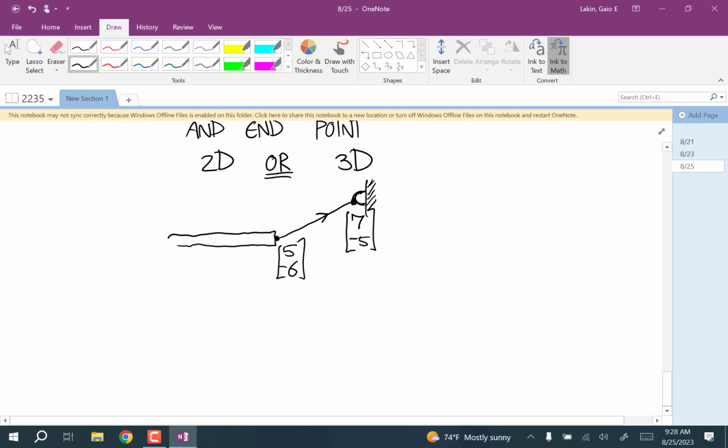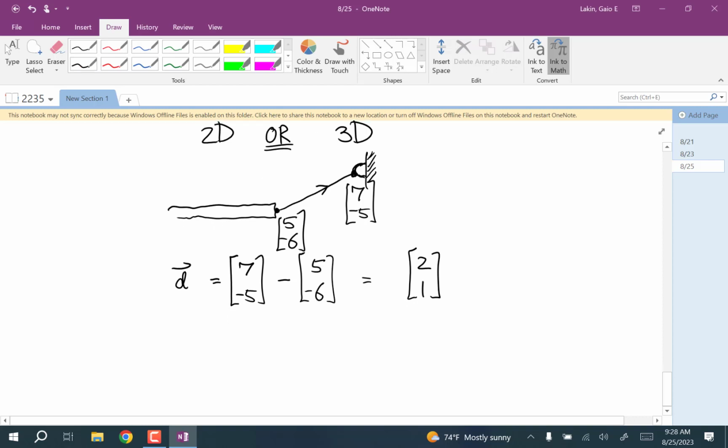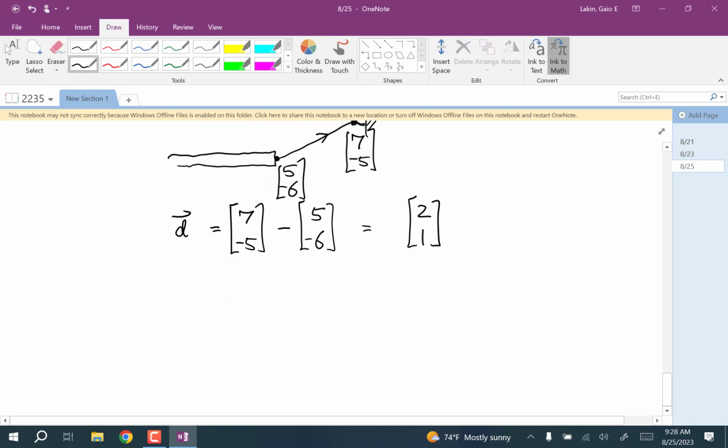So the way you would do that is you'd go final point, the destination point, minus the starting point. So 2, 1. And then you just calculate the unit vector in that direction. So let's see. The magnitude of this is square root of 5.